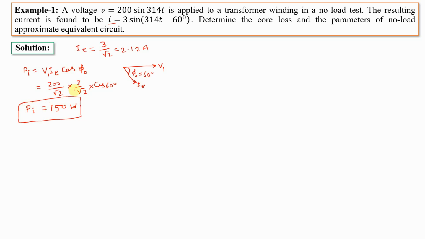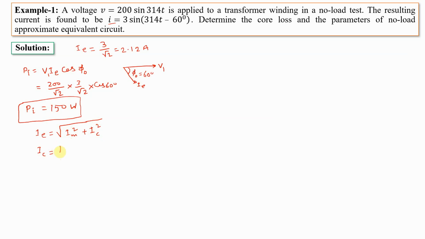Now, in the exciting current, we know there are two parameters. We have already discussed this during the theory part. One is the magnetizing current IM square, and another is the core loss component of the current, IC square. The core loss component of the current is in phase with the voltage.